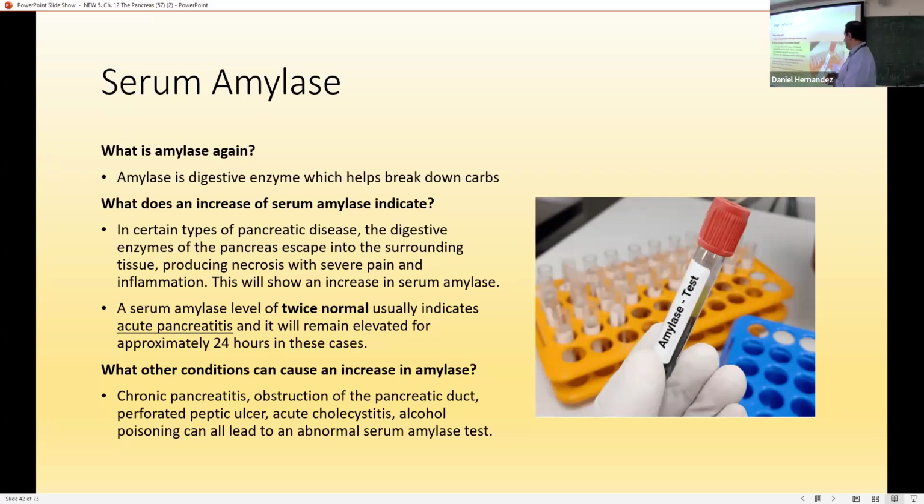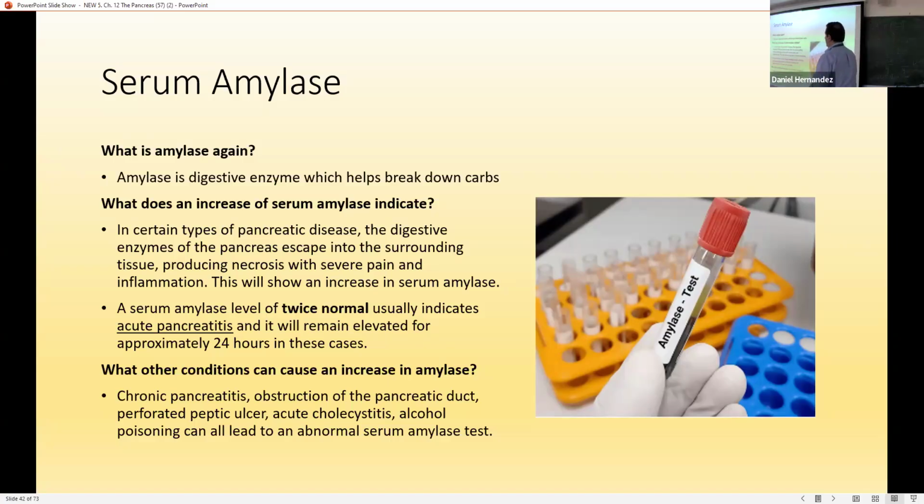Maybe a perforated peptic ulcer. In addition to that, acute cholecystitis, when we worry about inflammation or infection of the gallbladder. Alcohol poisoning can lead to abnormal serum amylase tests as well. So there are a couple of other things that can potentially indicate elevated serum amylase.